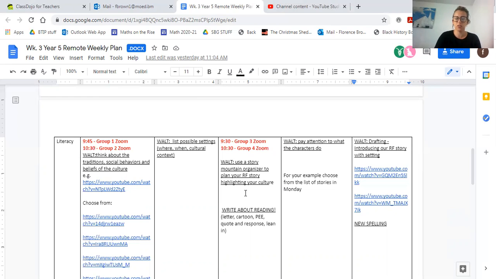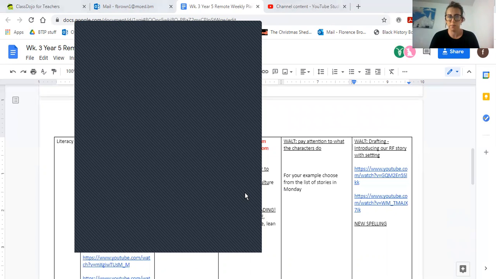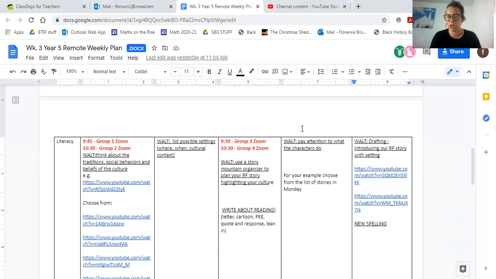So we know that in a story mountain, you're including the main characters and the introduction with the setting, the main events, the climax, so that's where your big problem occurs, and your resolution or your conclusion. So you're including all the parts of your story, and you're going to be using that, as we have before, as a map when you start drafting next. So as much information in your story mountain, the better.